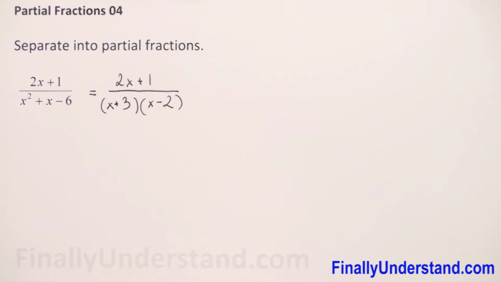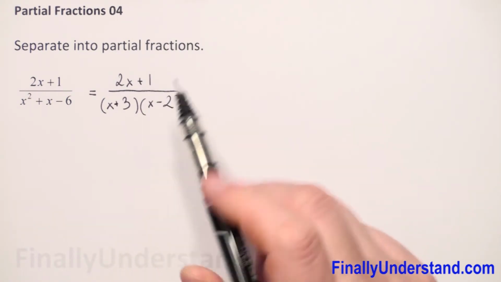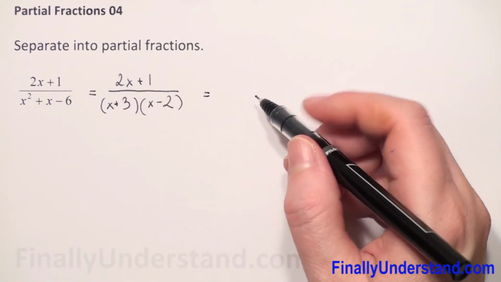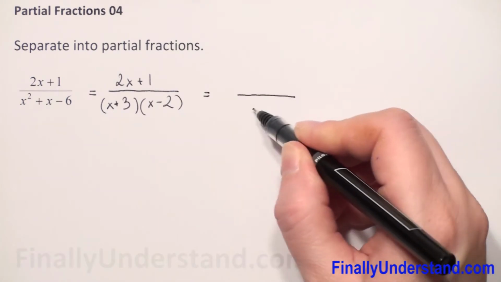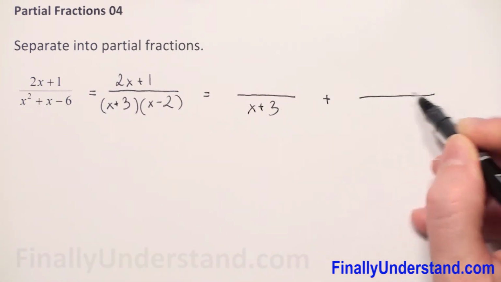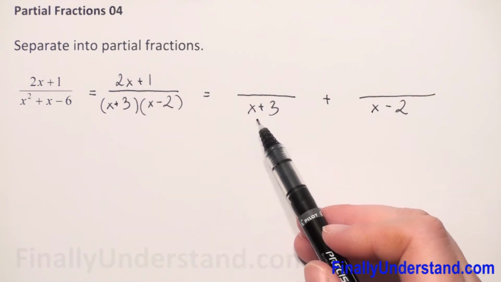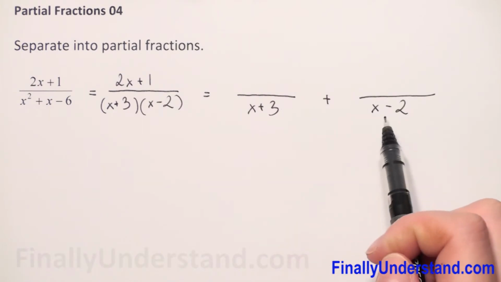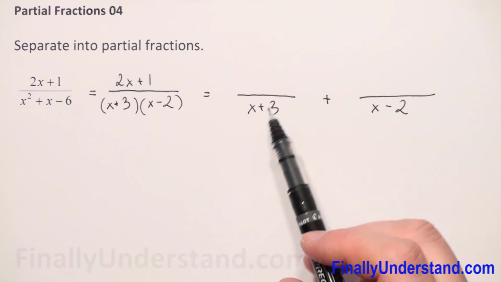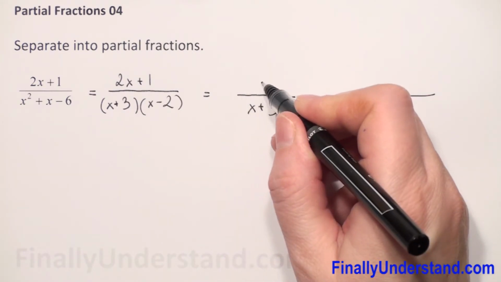So everything is okay. Next, every factor of our denominator will be the denominator of our partial fractions. So we will have x plus 3, and the second partial fraction will have x minus 2. Now we have linear factors in the denominators. When we have linear factors, it means that in the numerators we need to have only a constant.